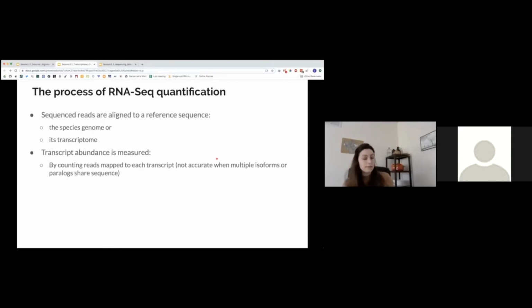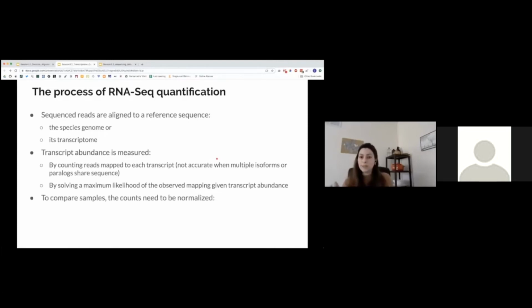So this is not going to be accurate when you have multiple isoforms or when you have paralogs that share sequence. And then if you want the true transcript abundance, we can solve a maximum likelihood of the observed mapping given the transcript abundance. So to compare these quantities across samples, the counts have to be normalized.